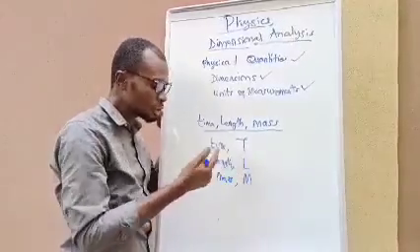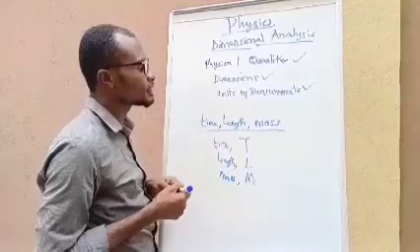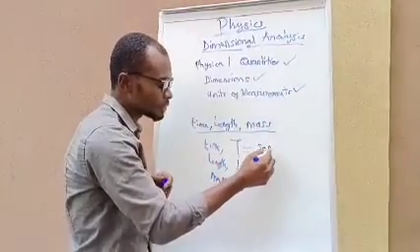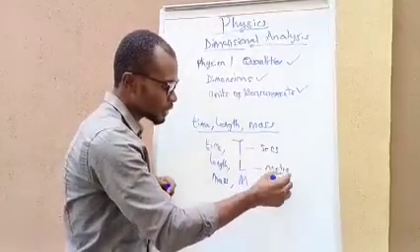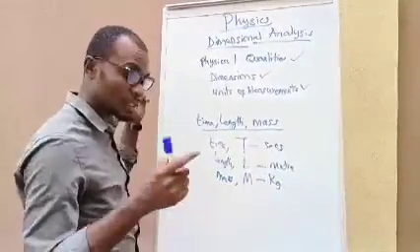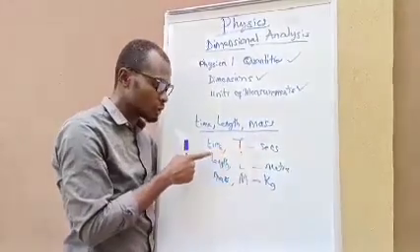So you can see that there's a relationship. What relationship are we trying to establish here? Take for instance, we know that the unit of measurement is seconds. This is meter, and this is kilogram. Like I said before, this does not mean that seconds is the only unit of time.